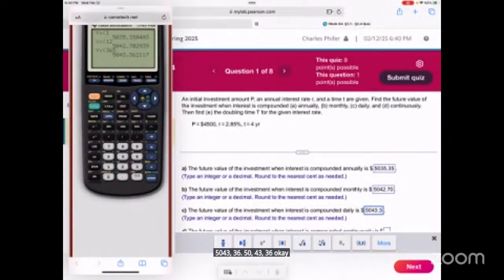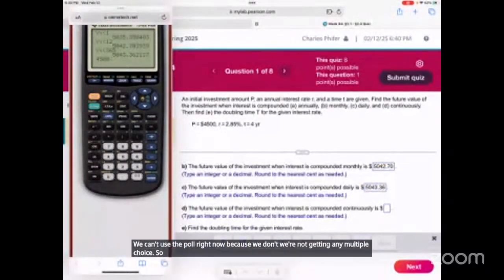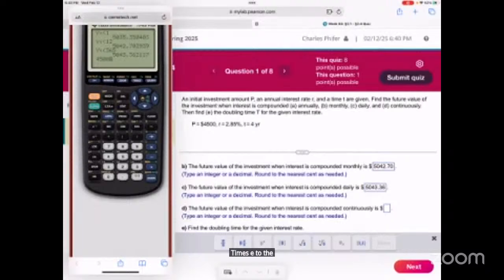Compounded continuously. So for continuous compounding, we've got to use PERT. It's going to be our P times E to the power of R times T, so the rate 0.0285 times the time, which is 4 years. We can't use the poll right now because we're not getting any multiple choice, so I'm just going to let the poll run for now.